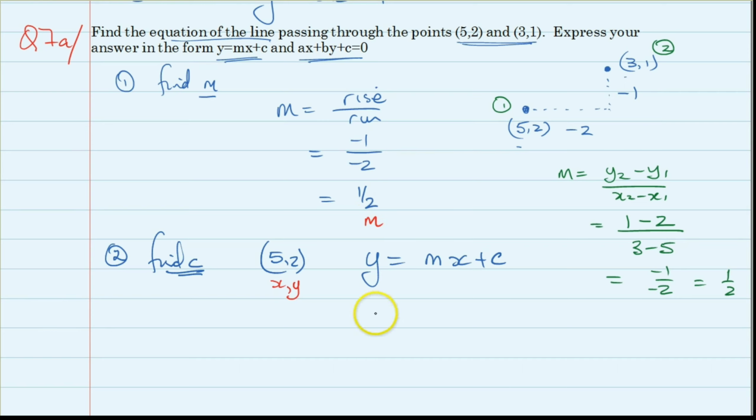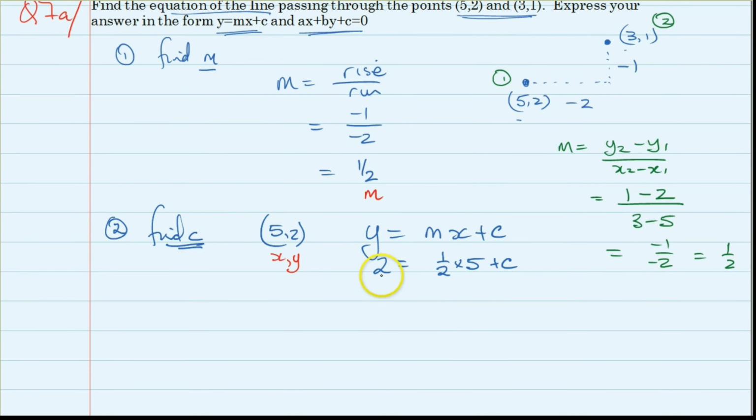So we've got 2 is equal to a half times by 5 plus c, and so that gives me 2 is equal to 2.5 plus c. c is equal to minus a half. And so the last step is to write the equation. The equation will be y is equal to a half x minus a half.